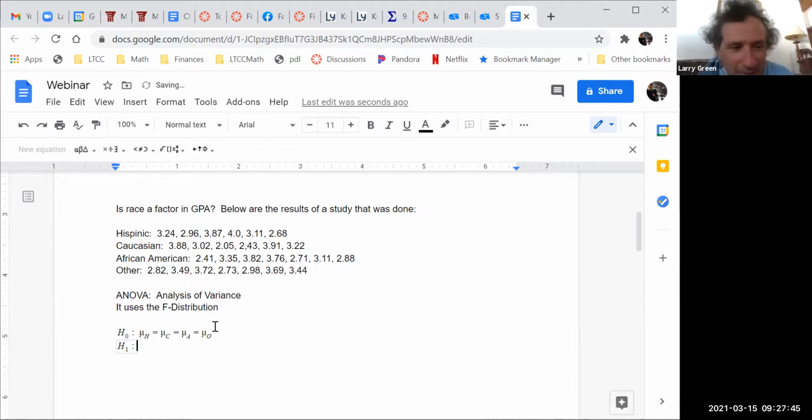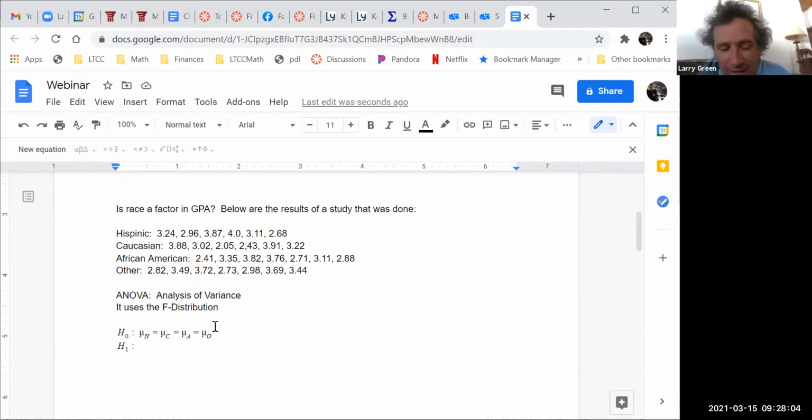So the alternative hypothesis with a colon. And now comes the interesting thing: with ANOVA, the easiest way of doing it is to use symbols for H naught and to use words for H1.